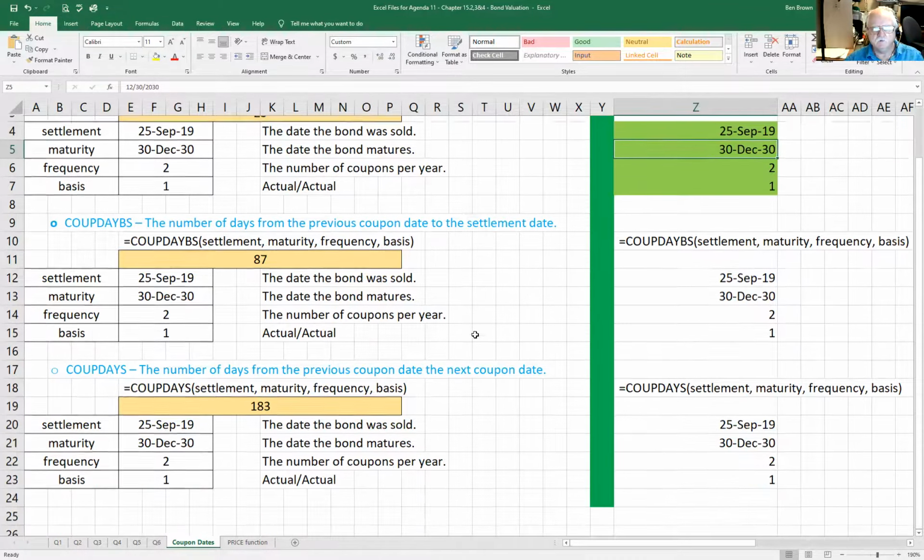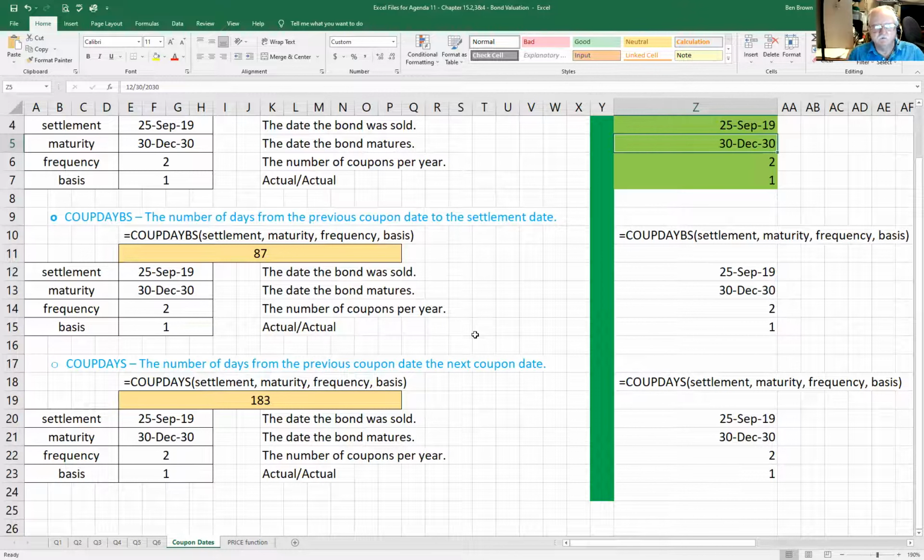But this, because we're looking at between the coupon dates, we need to know that when the coupon was sold, the person owning the bond held it for 87 days out of a total of 183 days, the half a year.